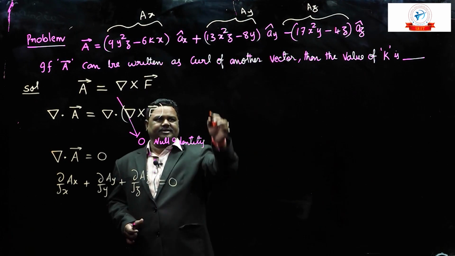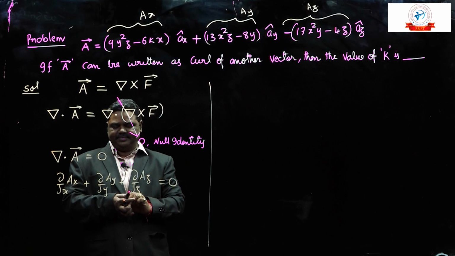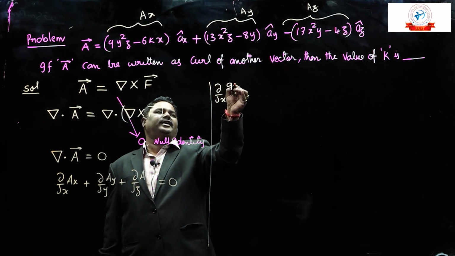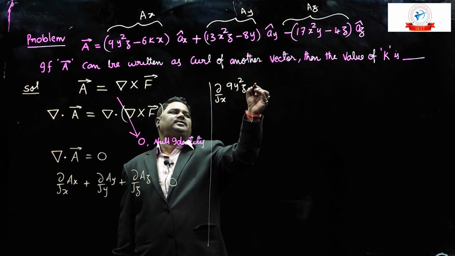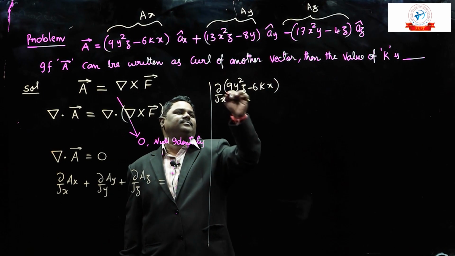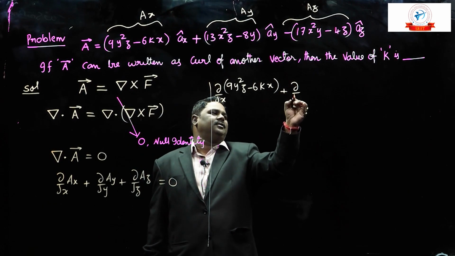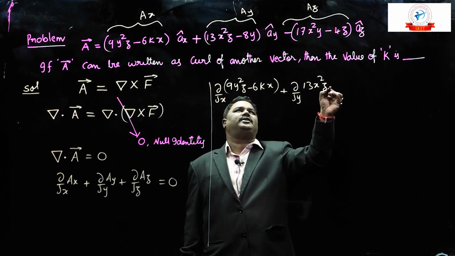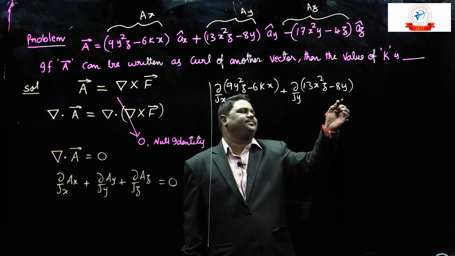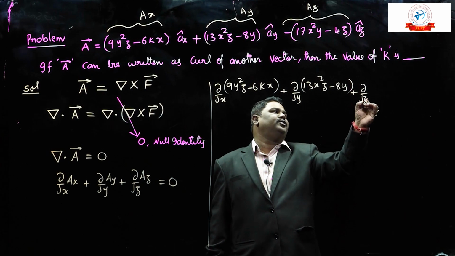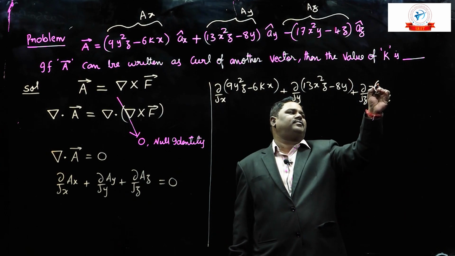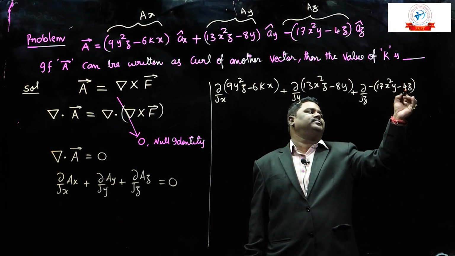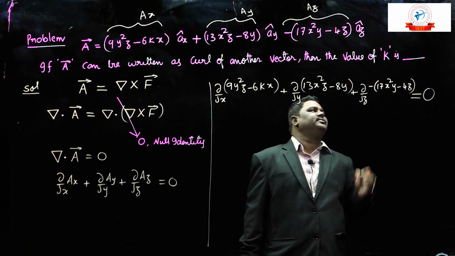So we get dou by dou x of (9y square z minus 6kx) plus dou by dou y of (13x square z minus 8y) plus dou by dou z of minus (17x square y minus 4z). This entire equation is equal to 0.